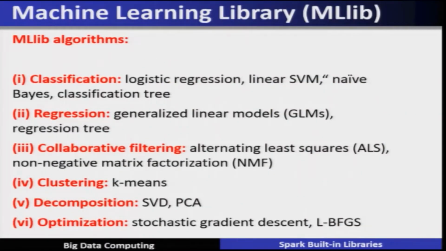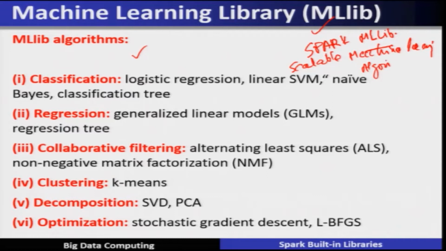For example, the Spark machine learning library which is called Spark MLLib. Now, this particular Spark MLLib provides a collection of machine learning algorithms for doing big data analytics, that is called scalable machine learning algorithms for big data analytics.